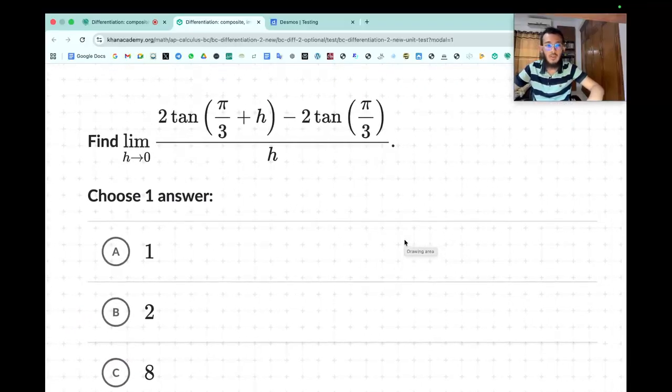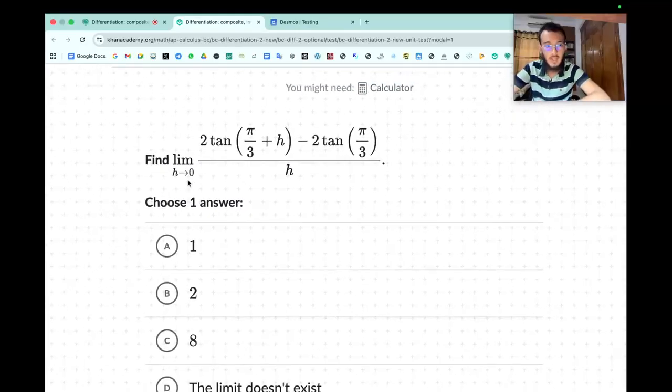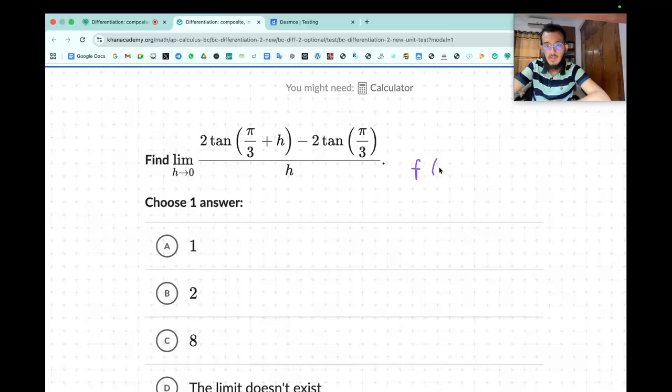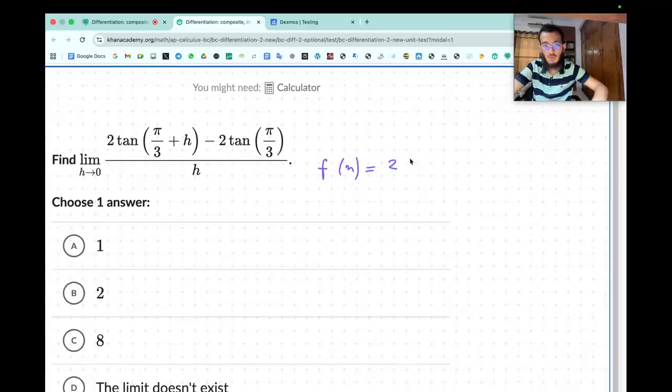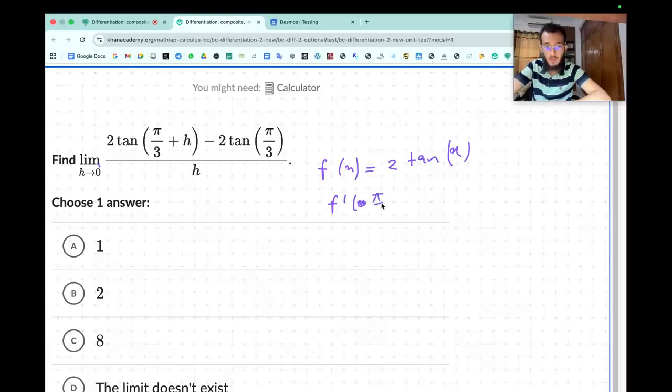So we are told to find the limit as h tends to 0 of this function. So it's basically assuming our function f(x) is 2 tan x. In order to find the limit, we just find f prime of pi by 3.